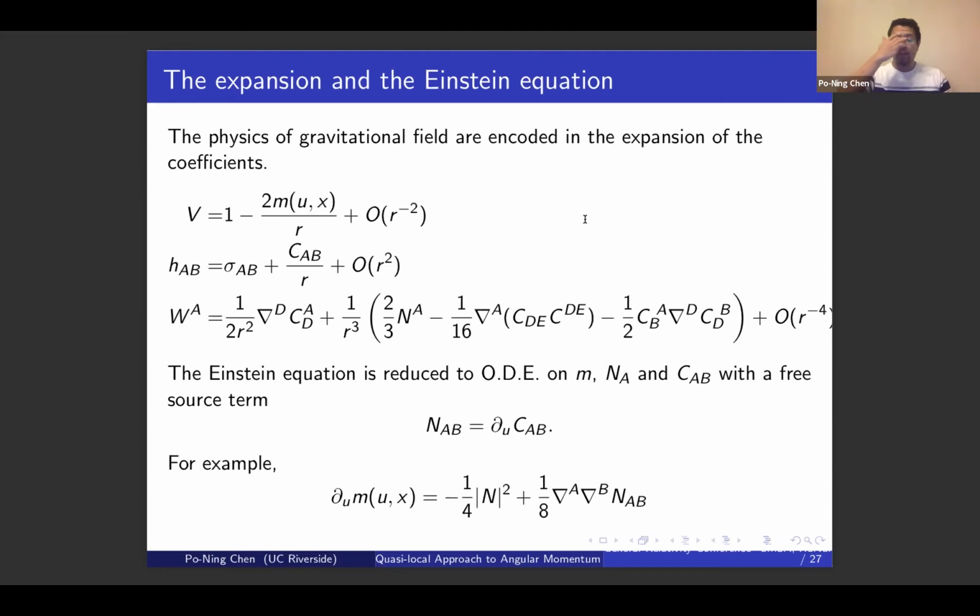The advantage of this coordinate system is that the Einstein equation then reduces to a system of ODEs. So first, on a level set, on a null cone u equals constant, everything is determined by H_AB as ODEs in r, except a few constants of integration, particularly M and N_A, mass aspect and angular momentum aspect, which are sort of free variables, constants of integration that you can choose on a particular slice u equals constant.